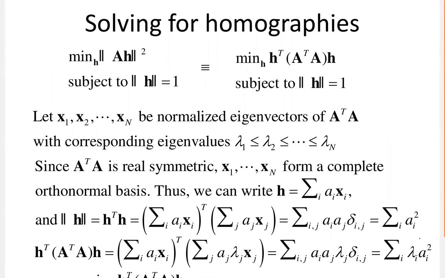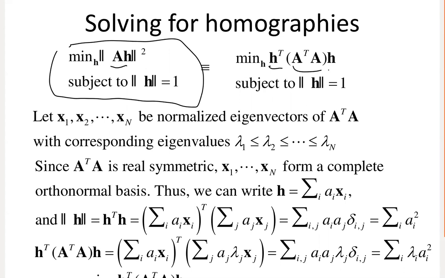Now, to solve this, we have the optimization problem like this one, right? I will expand Ah into h transposed, multiplied by some matrix, multiplied by h, which is a quadratic form subject to the constraint that the norm of h equals some value.